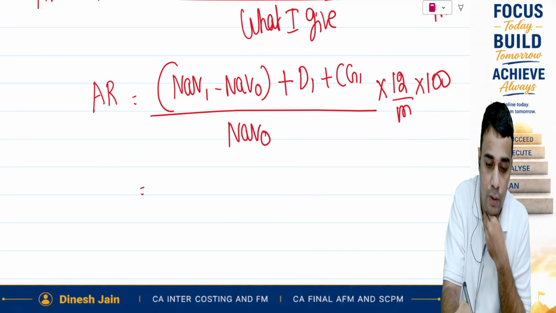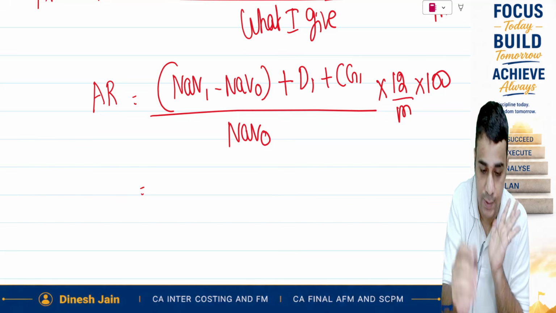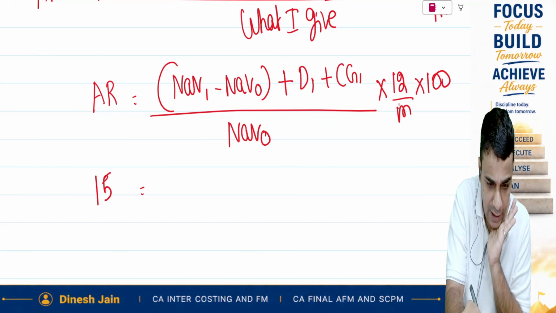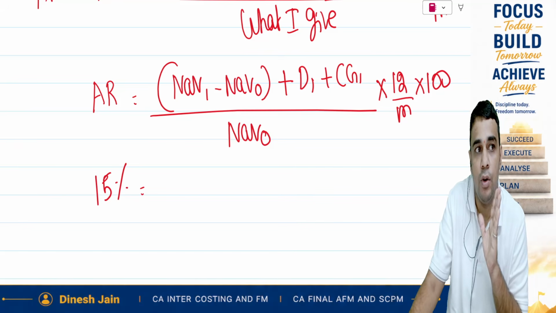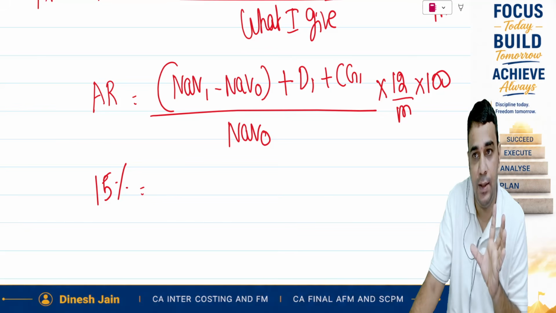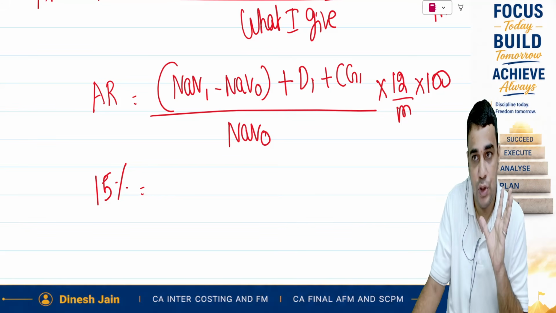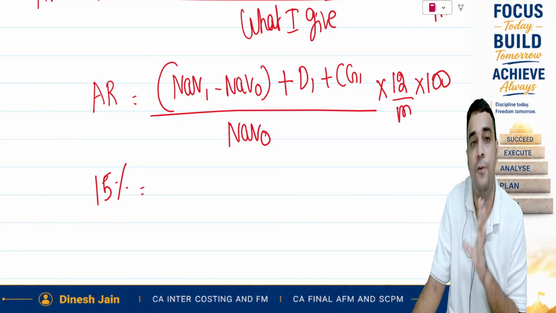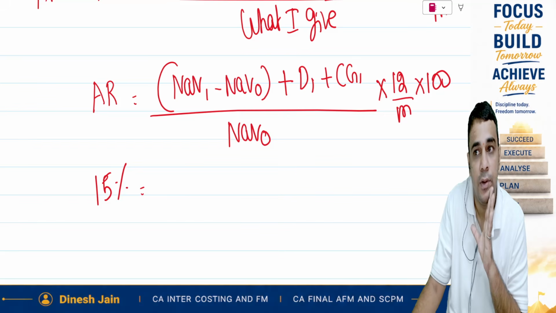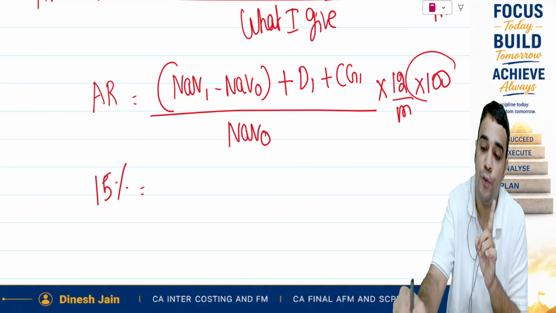15. Okay, now listen, this is a little important. Should I write 15 percentage or 15 this side? Should I write 15 percentage because it's a reverse working question? Should I write mathematically 15, 0.15 or 15 percentage? Just 15 if you do into 100.